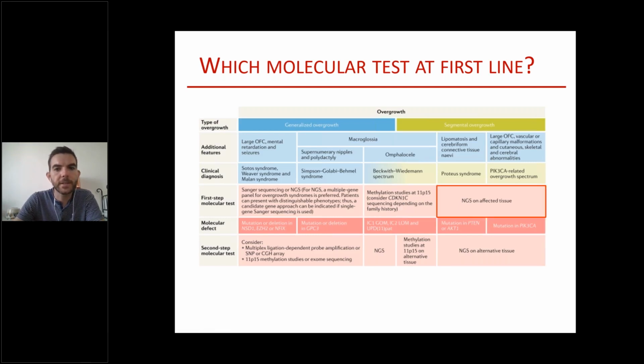And finally, if your patient presents with segmental overgrowth, then the next generation sequencing strategy should be performed on the affected tissue in order to find mutations in the affected tissues. If the first step molecular test is negative, then you can consider a second step molecular test, and this strategy has been described in our review in the Nature Reviews Endocrinology paper.